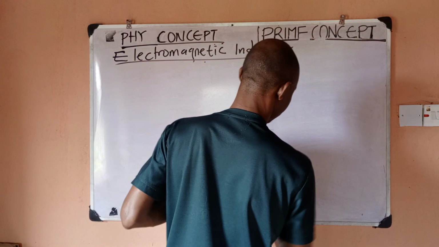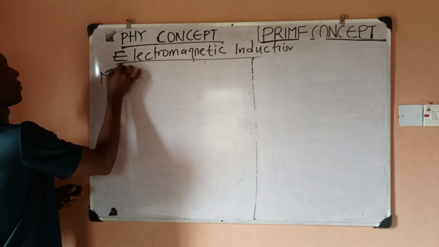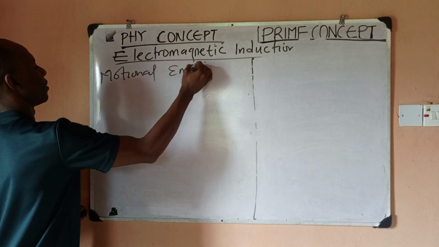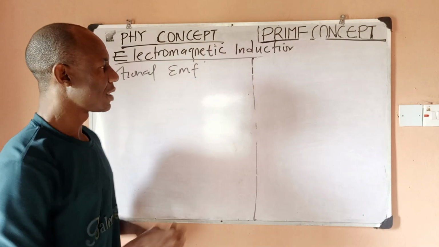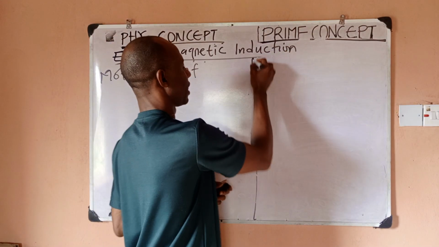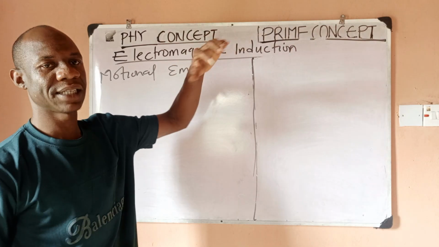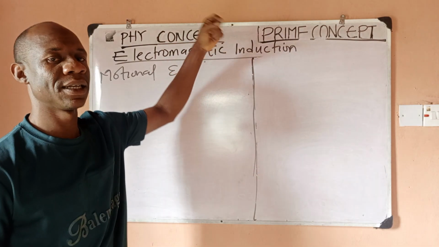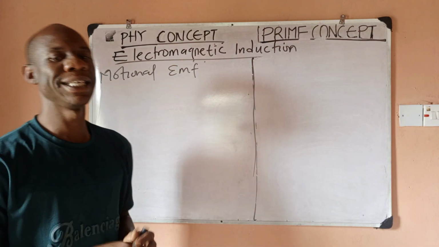So we want to consider what we know as motional EMF. Now, I want to point out that Faraday's law specifically draws from electromagnetic induction. Electromagnetic induction covers Faraday's idea and motional EMF.